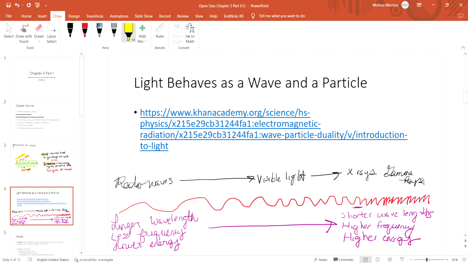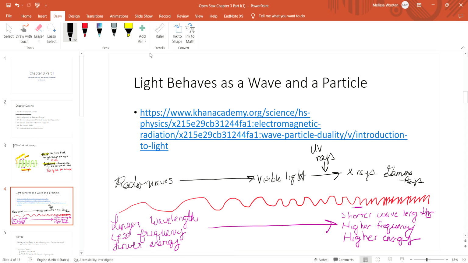And the whole idea behind the electromagnetic spectrum is these waves, like radio waves, light waves, UV rays. The waves from the sun would be here. UV rays would be right about in here. All these waves emit a certain amount of energy.